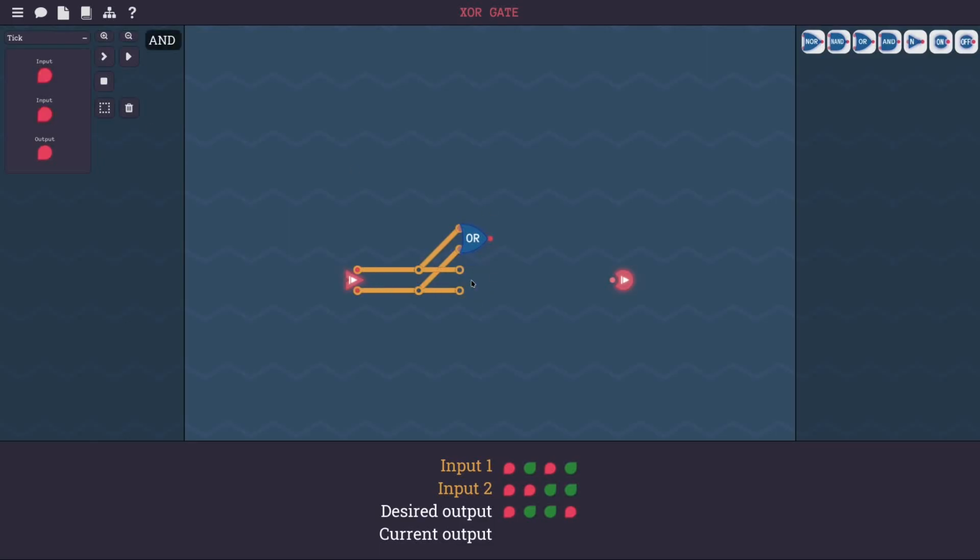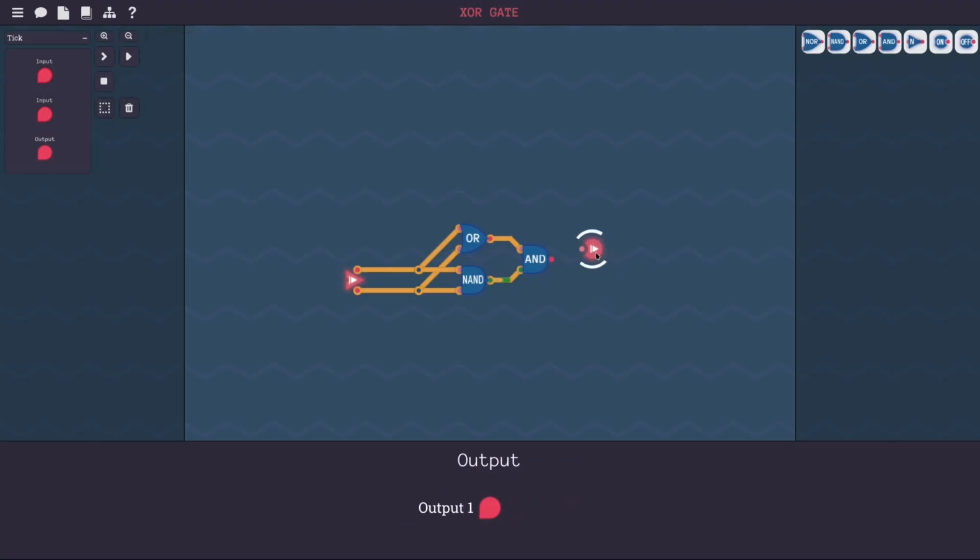Oh, I need a NAND. Yeah. See, now they're both on. Oh, yeah. So then we AND this. Right? Had the right idea. See now, there has to be OR.